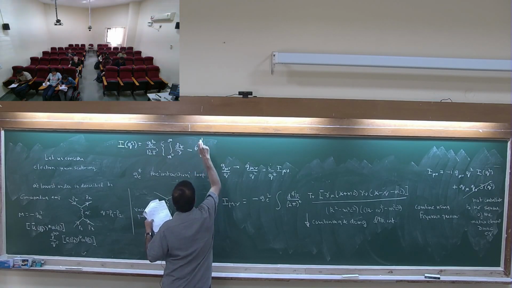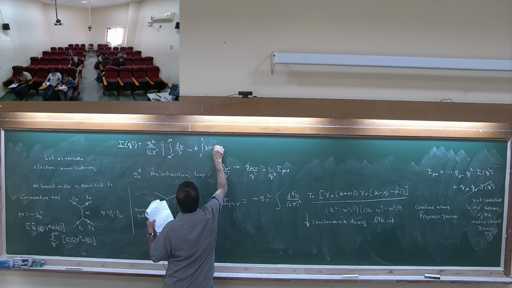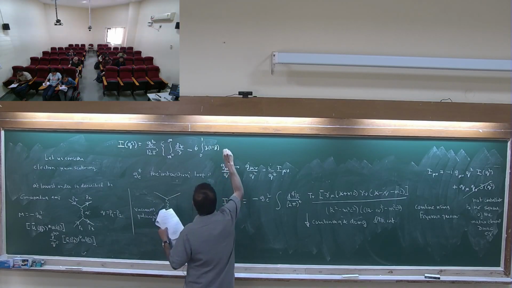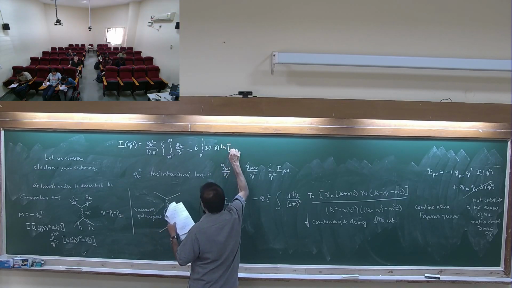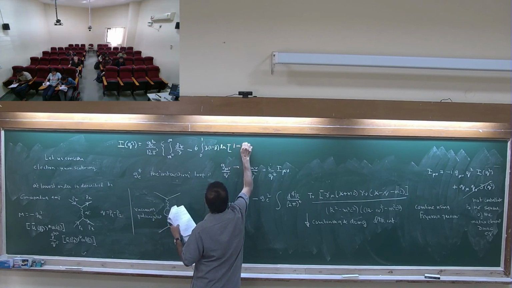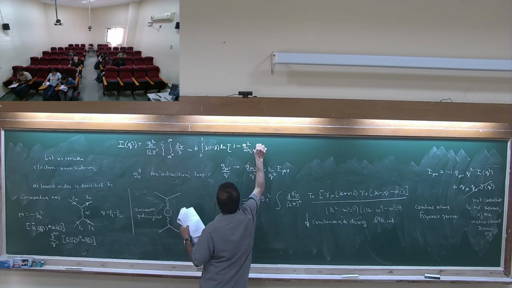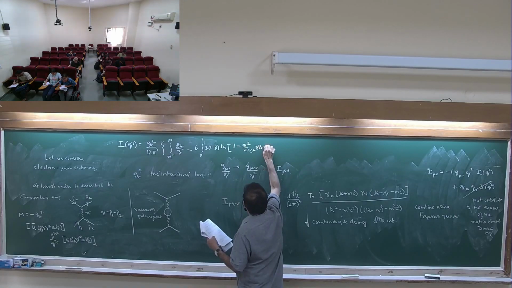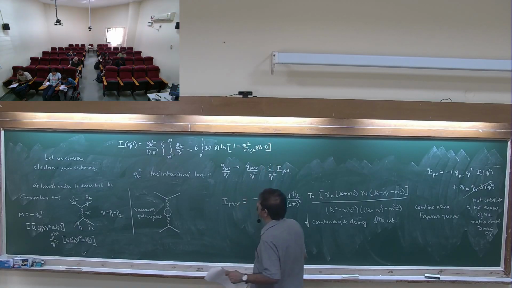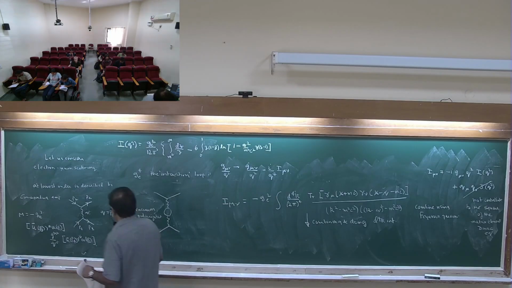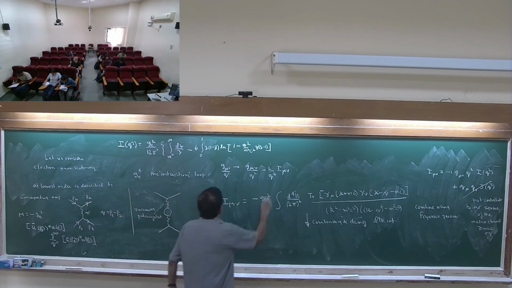This Feynman parameter is integrated from 0 to 1, z times 1 minus z times logarithm of, this is a very typical expression, minus q squared by m squared c squared times z minus 1. I guess I should close this brace like that.